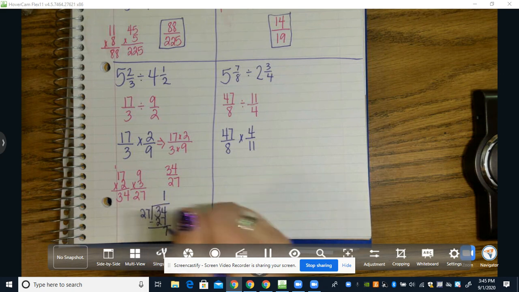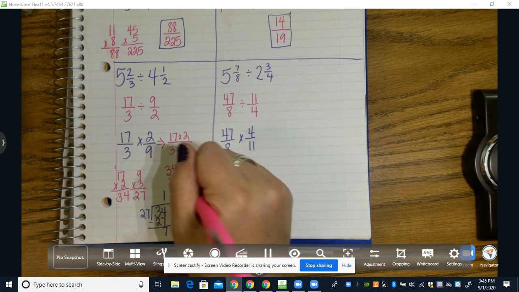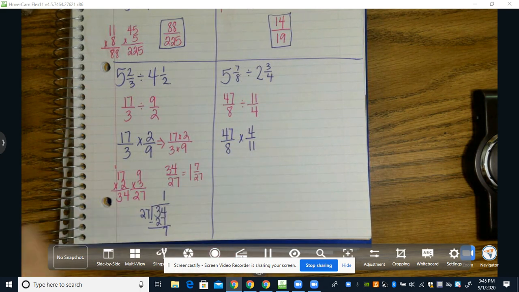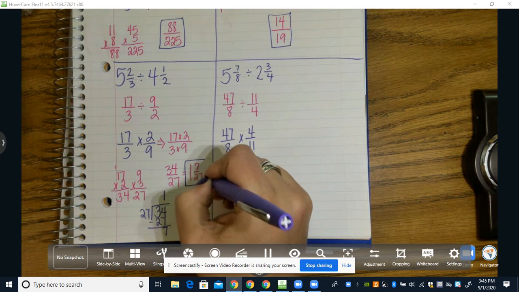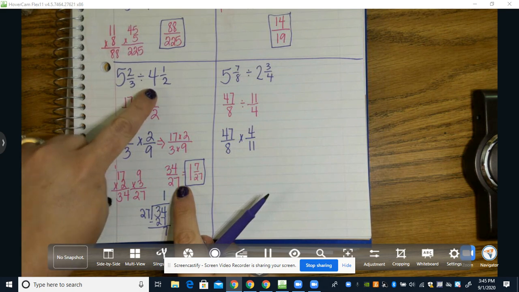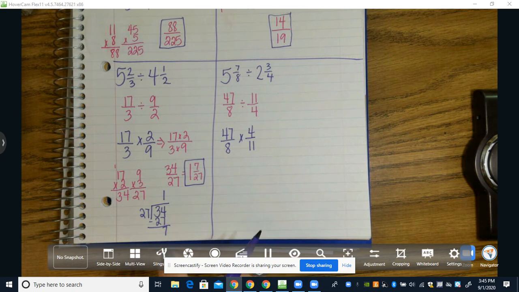Got to borrow, and I have 7 as my remainder. So this is 1 whole and 7 27ths remaining. Guys, that's key. If your answer is an improper fraction and you started with mixed numbers, go ahead and turn it back into a mixed number. Make sure you turn it back into a mixed number.